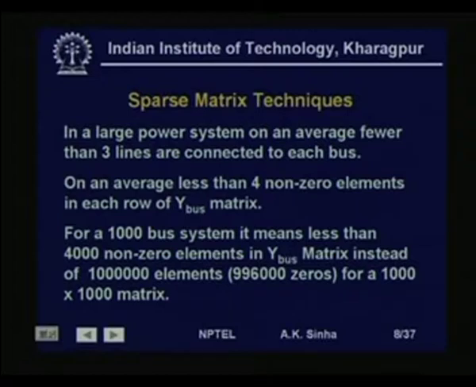That is, instead of 1,000,000 elements, we have only 4000 elements, that is the Y bus has almost 996,000 zeros present in it and only 4,000 non-zeros for a 1000 by 1000 Y bus matrix.